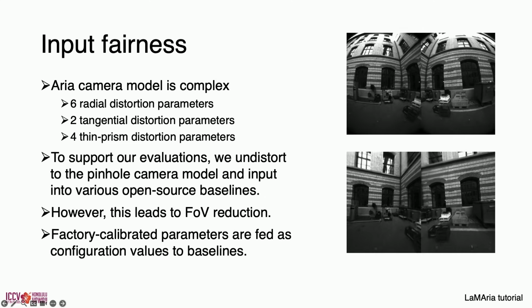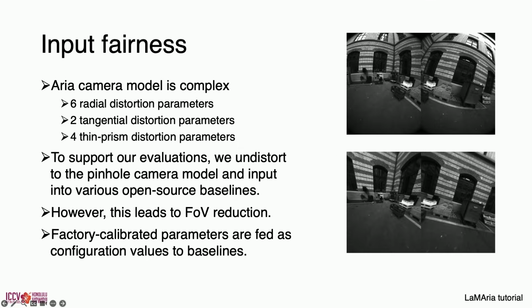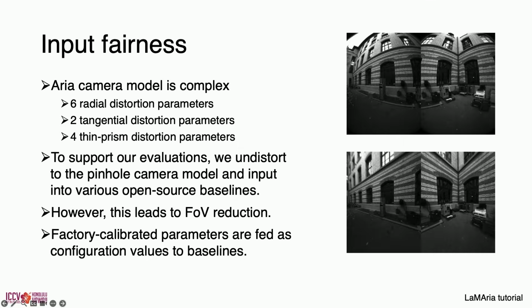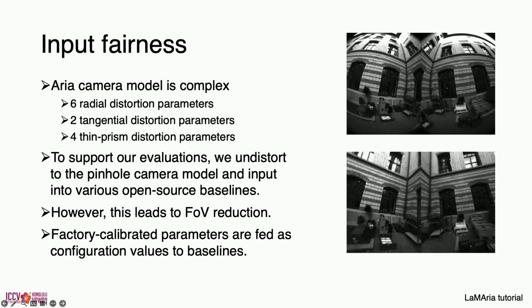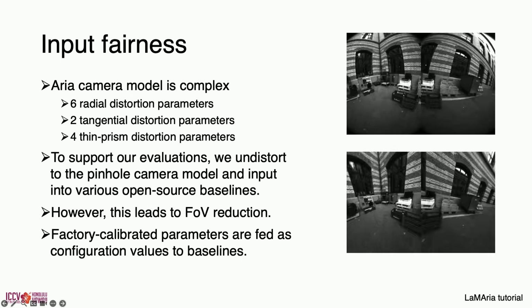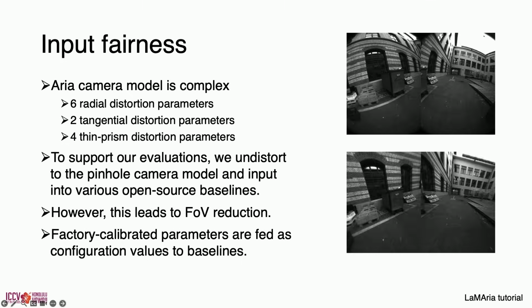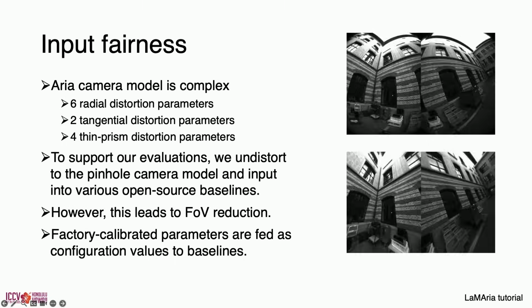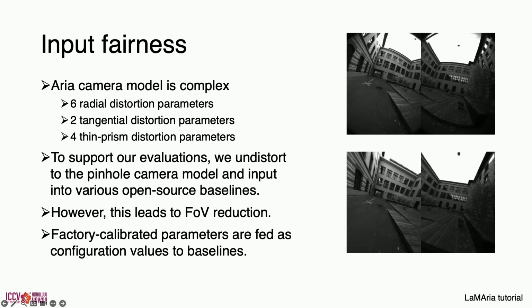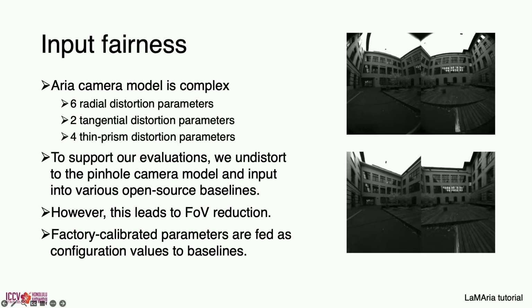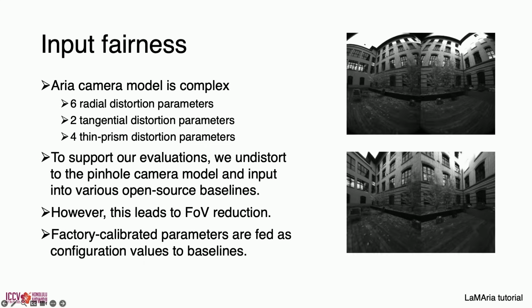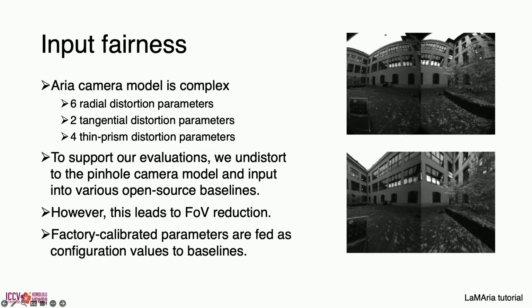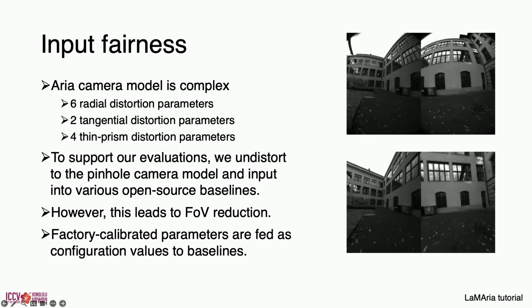To have fairness in input, as was already covered quite extensively in David's talk, this Aria camera model is particularly complex and is not supported in open source baselines like OpenVINS and ORB-SLAM3. To support our evaluations, we undistort all the images to a pinhole camera model and then input these images into the various open source baselines.